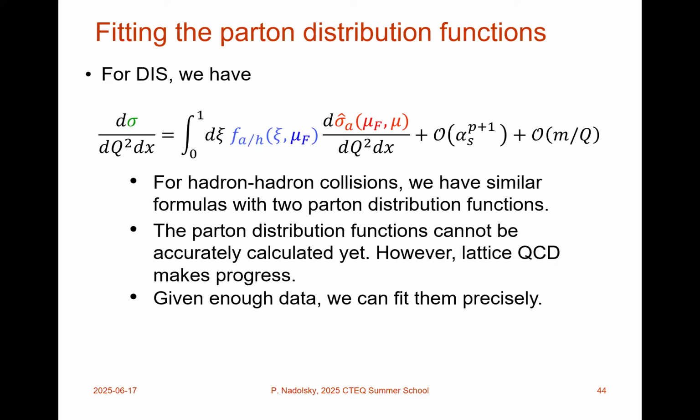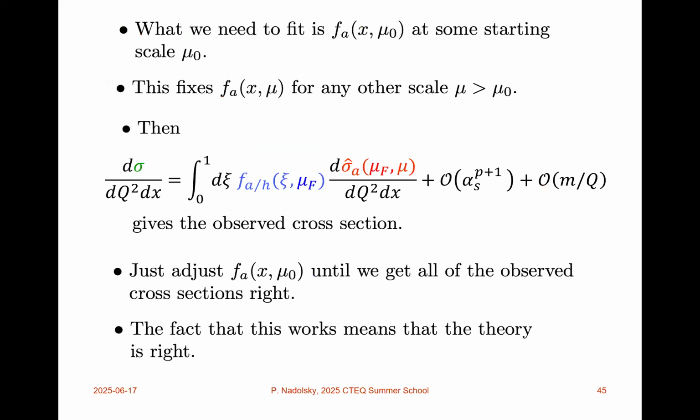Lattice QCD really makes substantial progress. We don't need to have a parameterization that is given for arbitrary mu. If we know PDFs at some low scale mu naught, then we can predict the PDFs at a higher scale mu very precisely using the evolution equations, right?